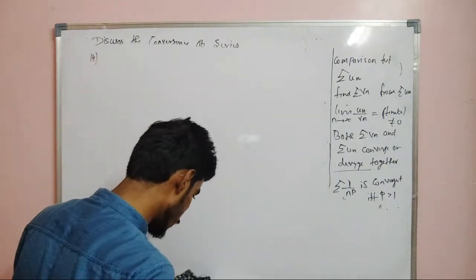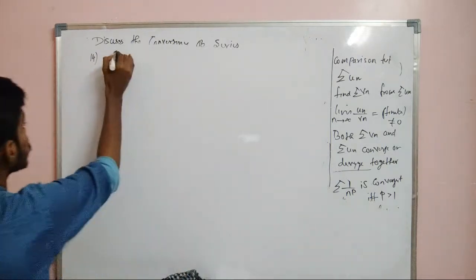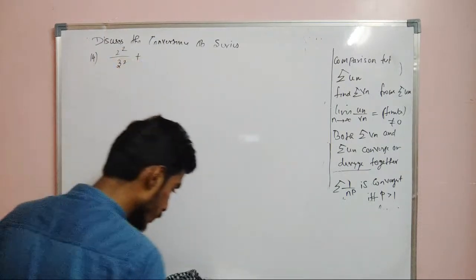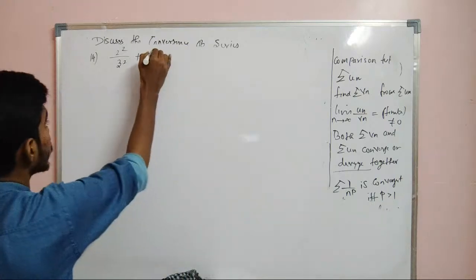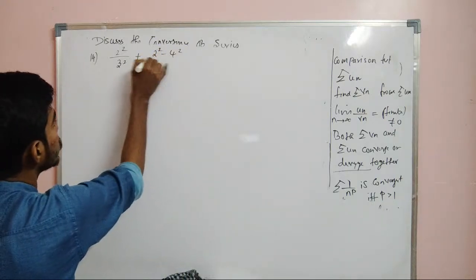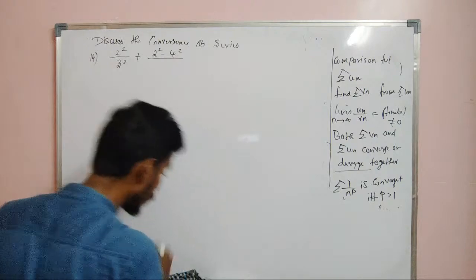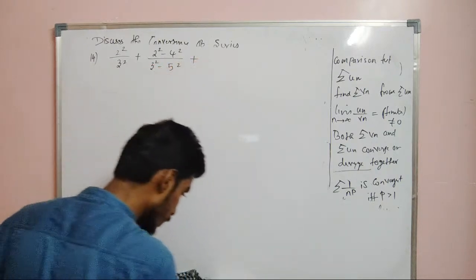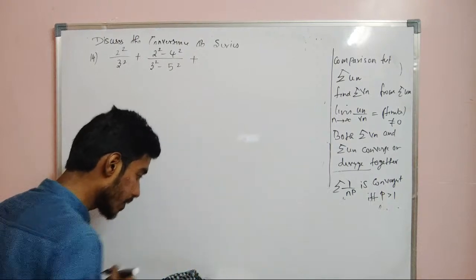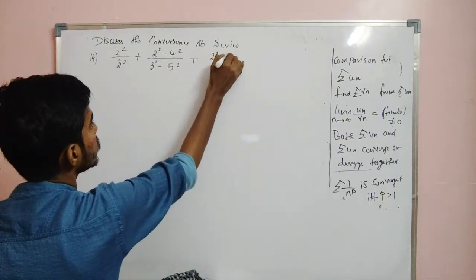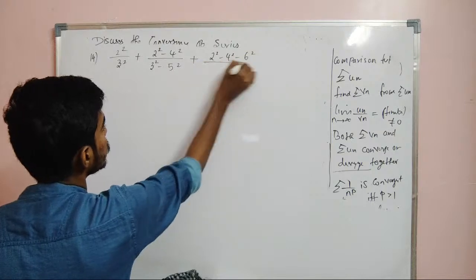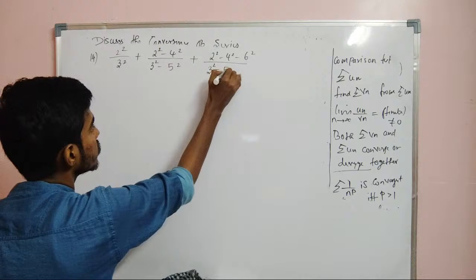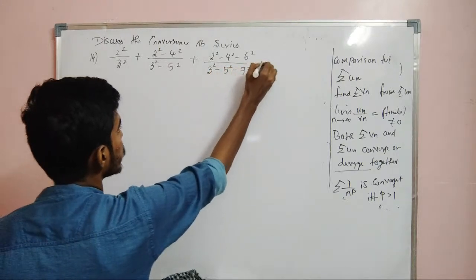The 14th problem is 2 square by 3 square plus 2 square minus 4 square divided by 3 square minus 5 square plus 2 square minus 4 square minus 6 square divided by 3 square minus 5 square minus 7 square and so on.